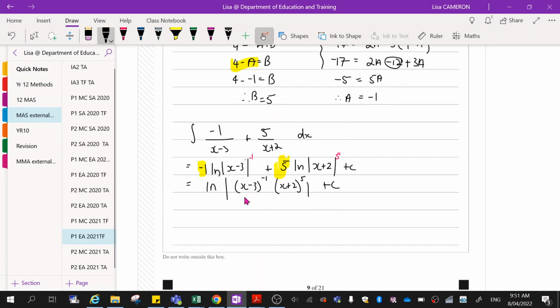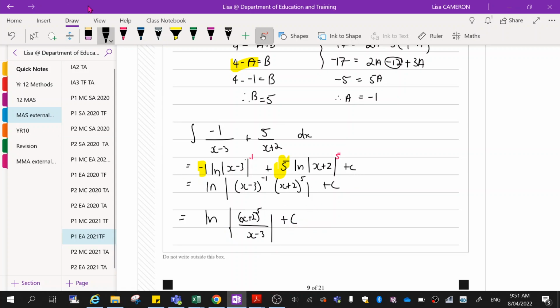Now, I would argue that that would be the correct answer as well. You couldn't really say that it asked you to make it simpler there, but in your answers, they've gone one step further. They've just gone, okay, this is a negative power. Let's express them all as positive powers. So it'll be (x + 2) to the power of 5 for the top bracket, all over (x - 3) on the bottom bracket, plus c.